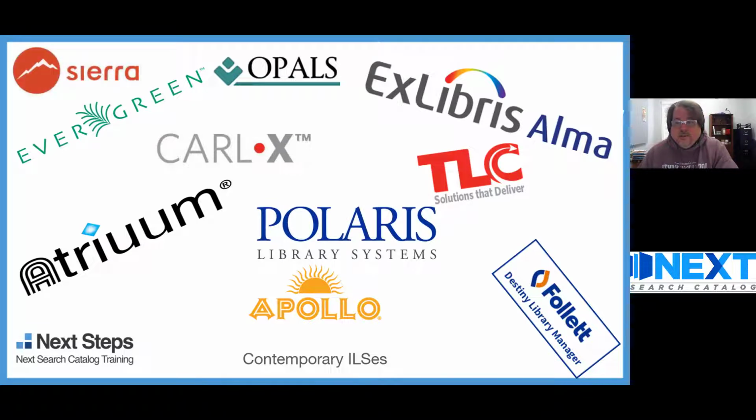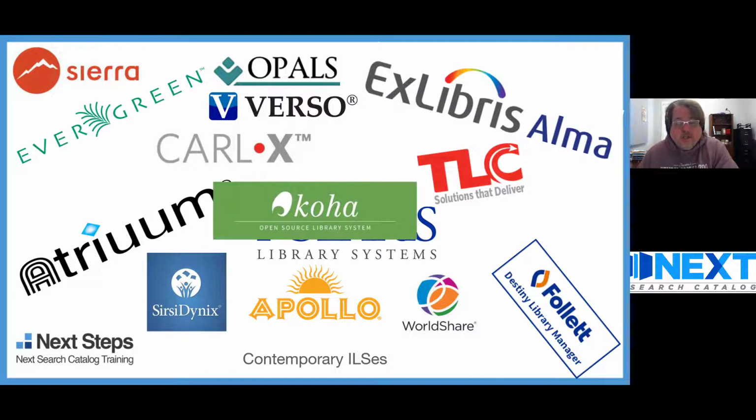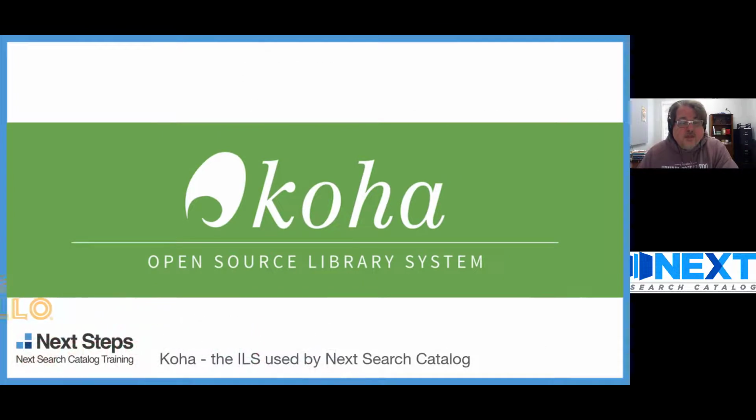Polaris, Sierra, SirsiDynix, they have a product called Symphony that's extremely popular. Verso, you might hear a little bit about Verso in Kansas because Verso has a product called Share It that is what the state of Kansas used for its statewide interlibrary loan services. Now, WorldShare is used by WorldCat, but the one you might hear the most in Next Search Catalog is Koha, because Koha is the ILS used by Next Search Catalog.